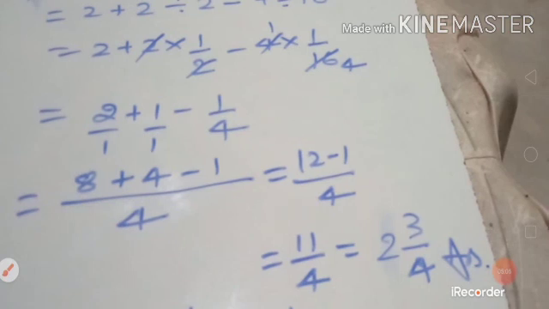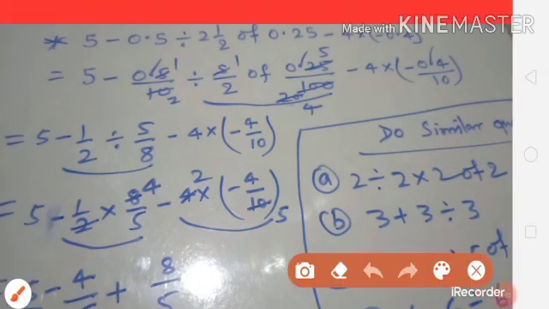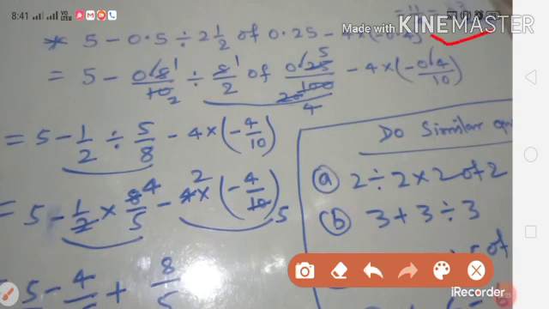So I think that you understood this, no problem in this problem. And now go ahead for the next. In the next problem, you see this is the question. You know that in this problem the point and also the mixed fraction are available.